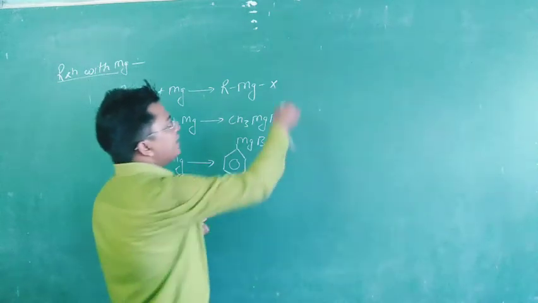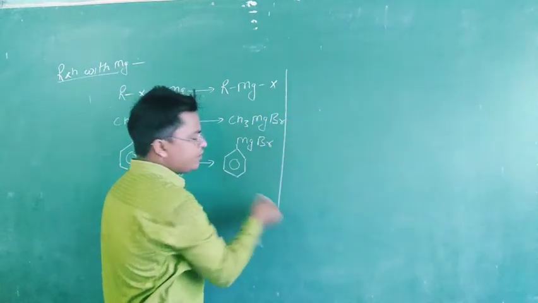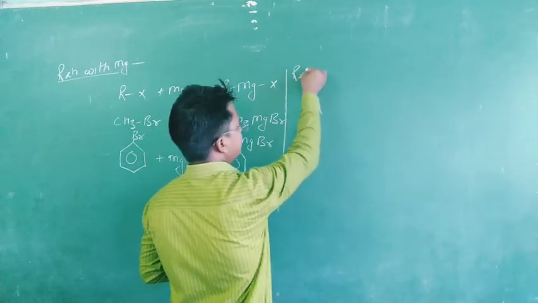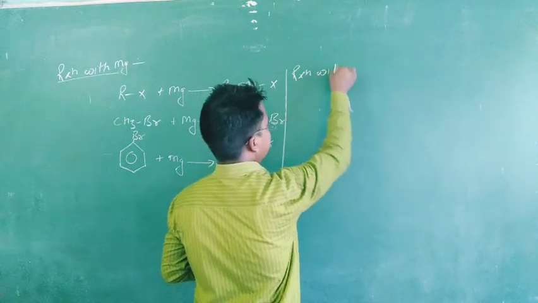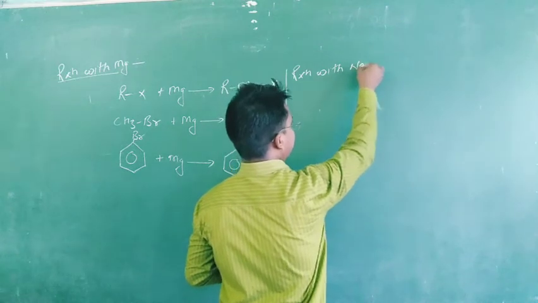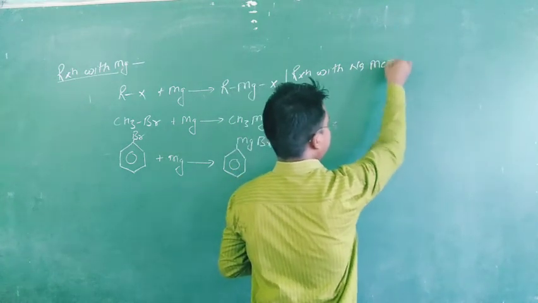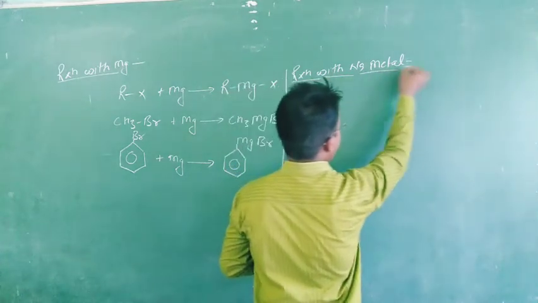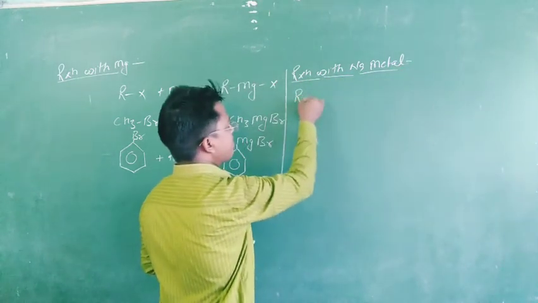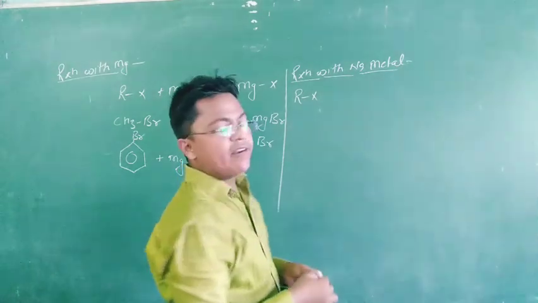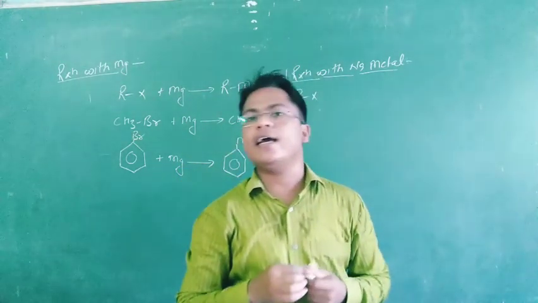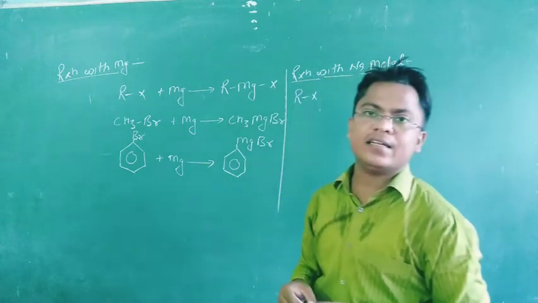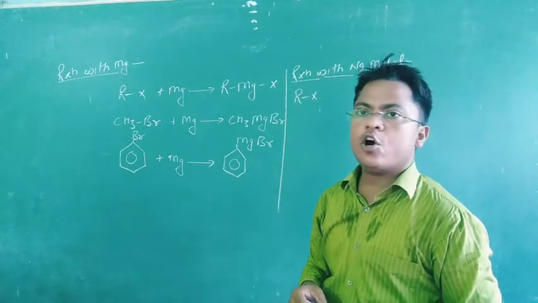Then next, reaction with sodium metal. When two molecules of alkyl halide react with sodium metal in the presence of dry ether, a higher alkane is obtained.